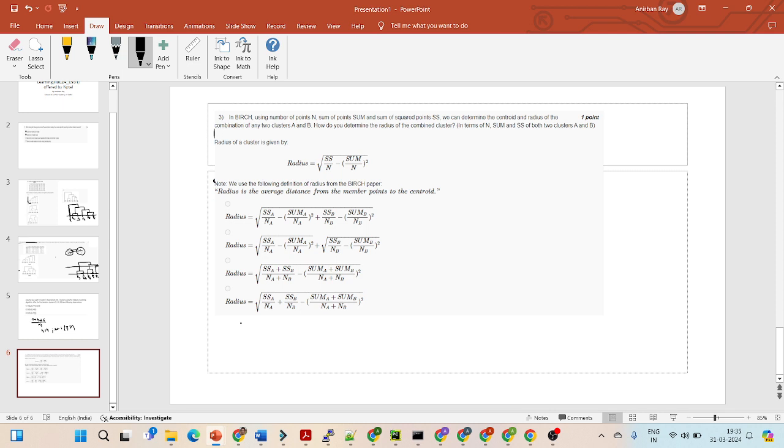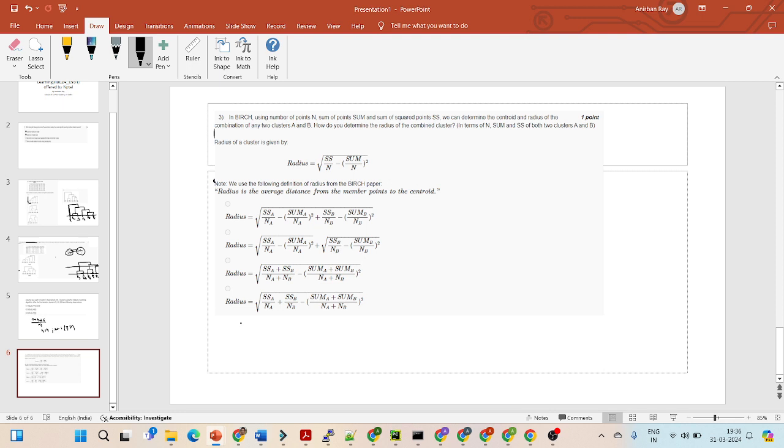So actually, there is not much here. What you do is, for all the data points, you have to calculate the sum of points, and the sum of squared points is this SS.